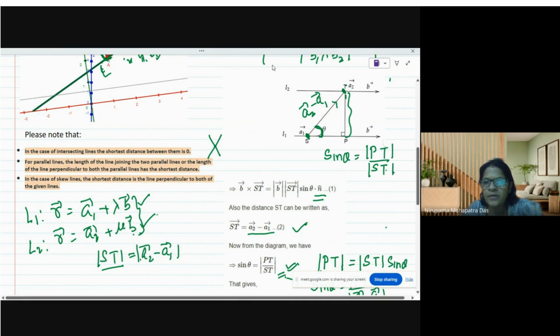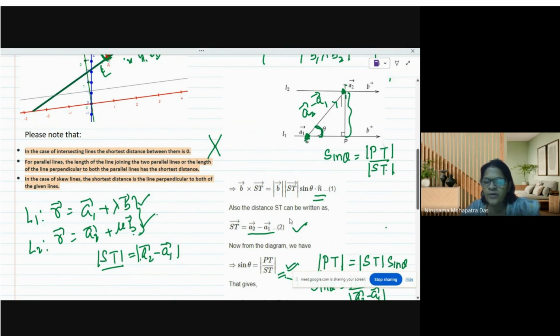Now here, ST is the vector joining this point and this point, right? A2 minus A1, basically. So as we know, the cross product of B and ST can be taken like this: magnitude of B into magnitude of ST into sine theta into n cap. So n cap is the unit vector perpendicular to both B and ST.